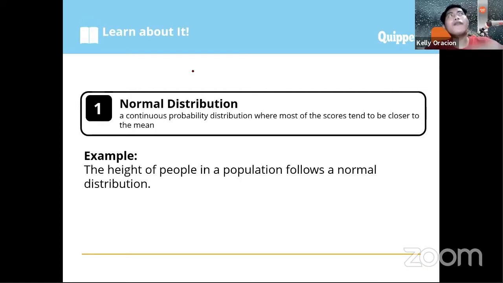Example of normal distribution is the height of people in a population. Especially dito sa inyo class, your height follows a normal distribution. Pati na rin yung age. Yung age ninyo class, it follows a normal distribution. Kasi most likely, your age naman, di ba, is mga around 21 ba kayo? 21, 20, 22.